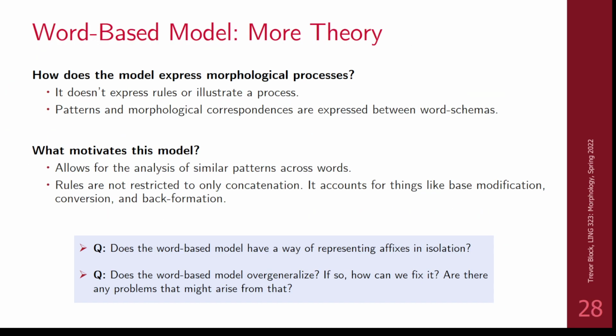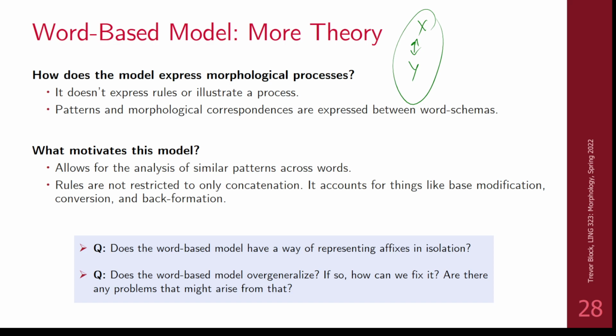In terms of the word-based model, it doesn't really express processes or rules. What it just does is says we have word form X, word form Y, these have different meanings, and you can go back and forth between the two. So it's nice in that sense that we can look at word forms as a whole. So it deals with base modification, back formation, all of these things that change the base really well.